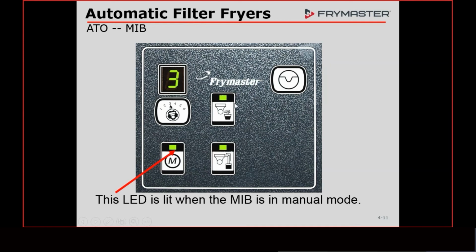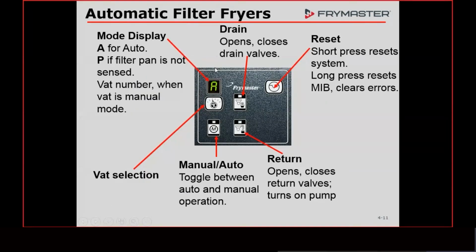If you have an actuator that's bad, or an AIF board that is bad and not giving a signal back to this MIB that has a stable resistance on it, guess what? This light will be flashing. If you pull the cover off, even if it's still in the automatic mode, and you have a light flashing here, we've got a problem.